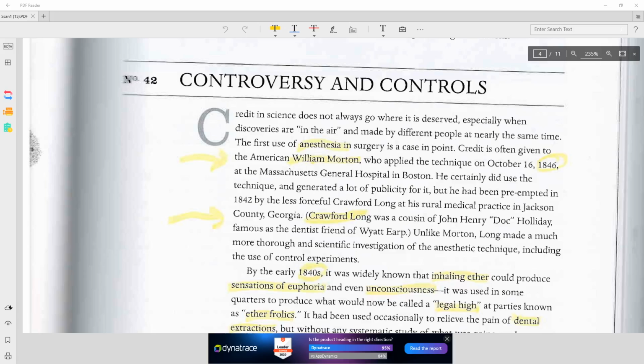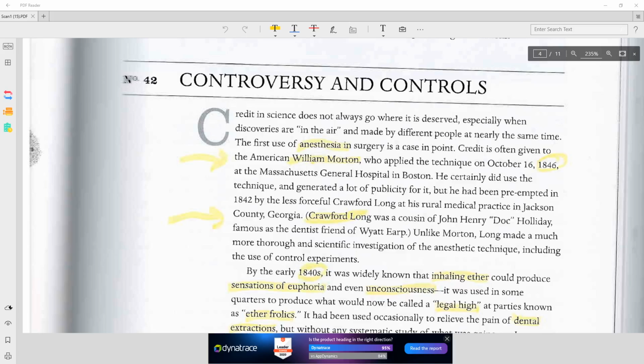Credit is often given to the American William Morton, who applied the technique on October 16, 1846, at the Massachusetts General Hospital in Boston. He certainly did use the technique and generated a lot of publicity for it, but he had been preempted in 1842 by the less forceful Crawford Long at his rural medical practice in Jackson County, Georgia.